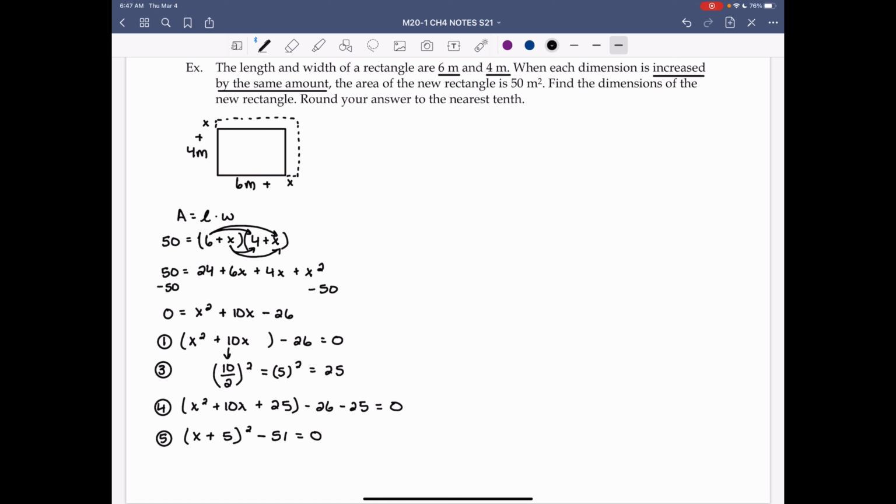Now that we've completed the square, we want to solve for x. x plus 5 squared minus 51 equals 0. Add 51 to both sides. We get 51 on the right and x plus 5 squared on the left. We want to get rid of the squared, so we need the square root. We have to do plus or minus the square root, since we don't know if x plus 5 started as a negative or a positive.